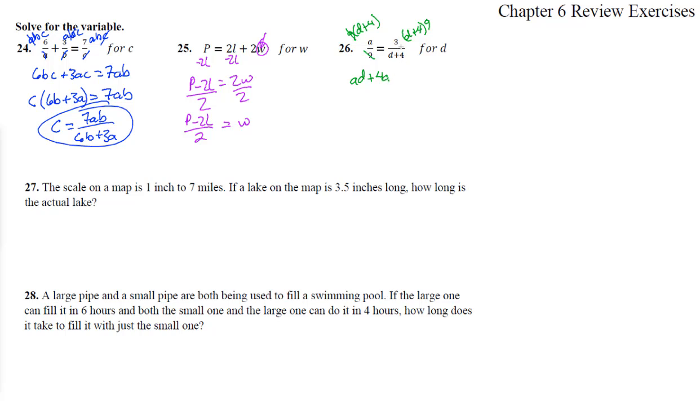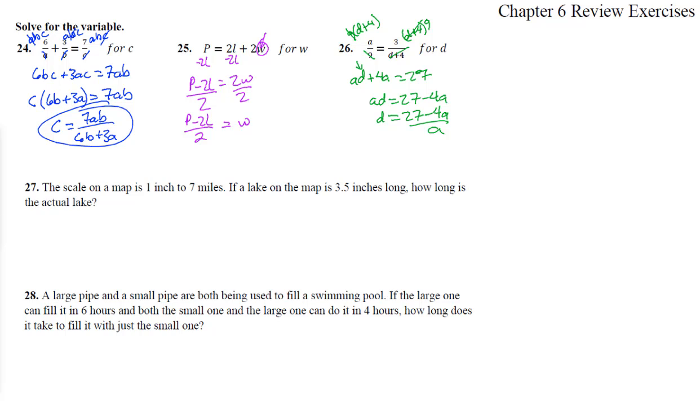And on this other side, the d plus 4 cancels, and we're left with 3 times 9 equals 27. We're trying to get d by itself. We got rid of all the fractions, so now subtract 4a over, so we get ad equals 27 minus 4a, and then divide by a, and we get d equals 27 minus 4a all over a.